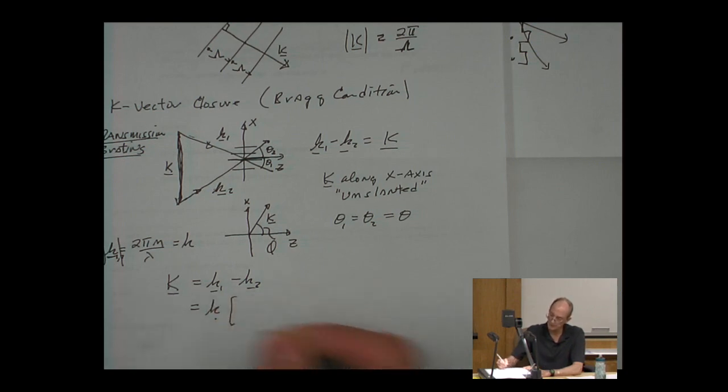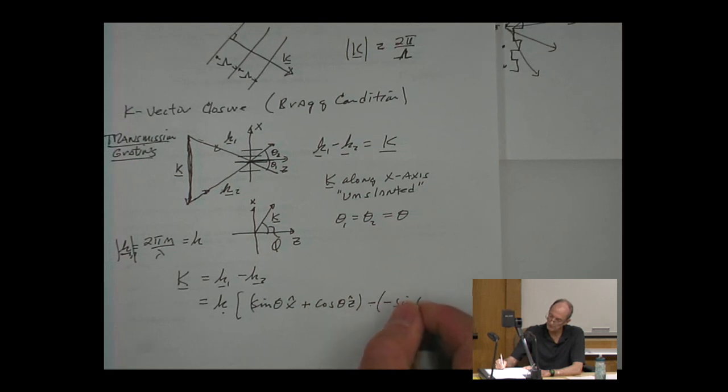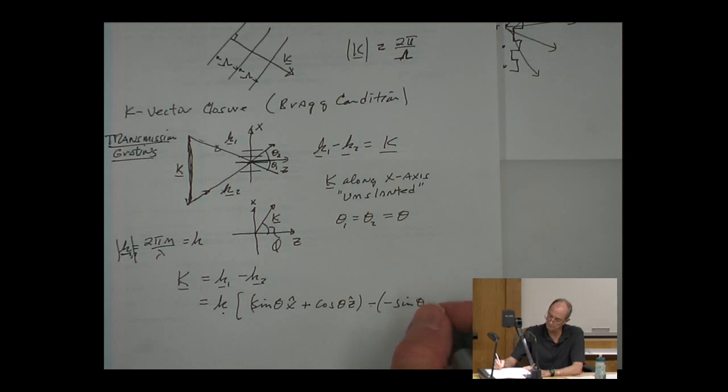And the vector components: we have sine of theta in the x direction plus cosine theta in the z direction for one of those, and that's minus, a minus sine theta using our sign convention. This angle is negative, and plus cosine theta in the z direction.